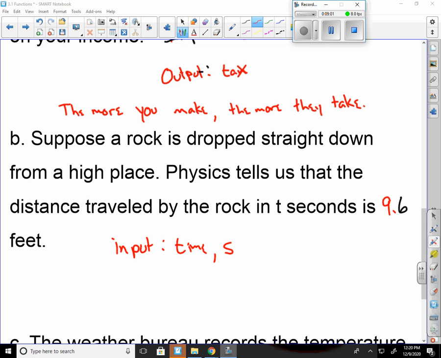And it's time in seconds, right? Then our output would be how far it fell. Or the distance. Also, this is not 9.6. Our functional rule is 16t squared.